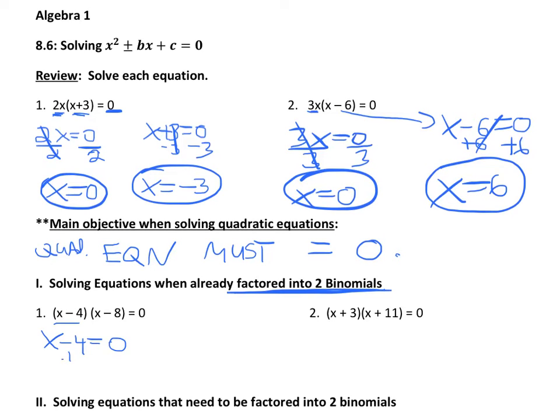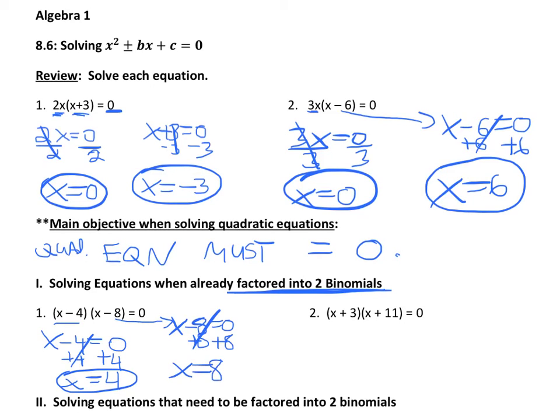Okay, and then we just add 4 to each side. So 0 plus 4, we get x to equal 4. That's one of the answers. Then we take the other factor, x minus 8, set that equal to 0. And you just add 8, 0 plus 8, you get x to equal 8. So 4 and 8, those are the two solutions.